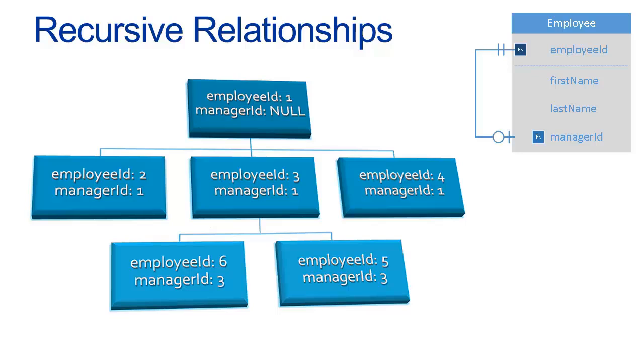By implementing this sort of recursive relationship, I hope you can understand how we could easily track the hierarchical relationships among employees and managers for an organization that has as many levels of management as we want and as many employees as we want.